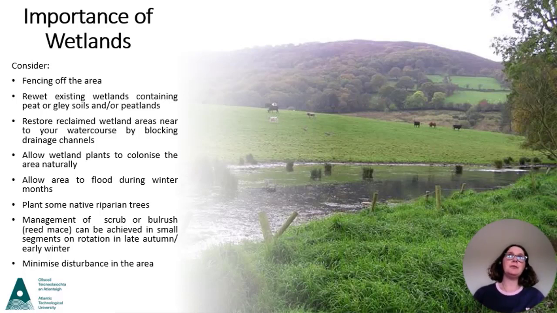So many farms, or simply fields on farms, will have these wetland systems already in place, and it's just a matter of recognizing them and then, I suppose, getting added value from them. You may not have to do a huge amount to increase your grassland scores, and simply fencing them might be enough.